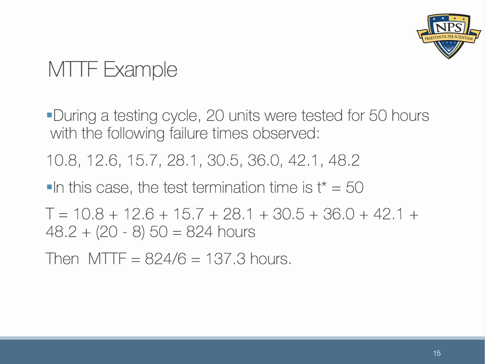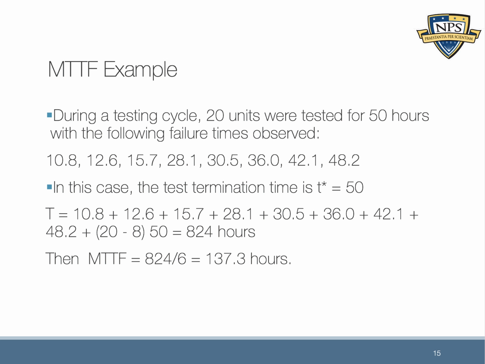Okay, so again, 20 were tested, and each individual unit was tested for 50 hours or the time it failed. The way to determine the total amount of test time is essentially to add them all up.